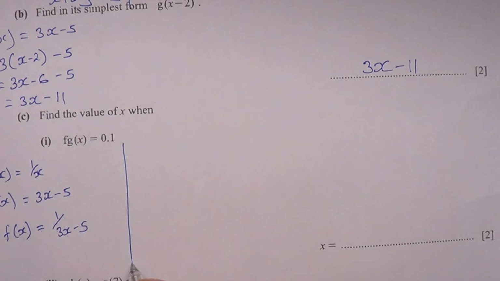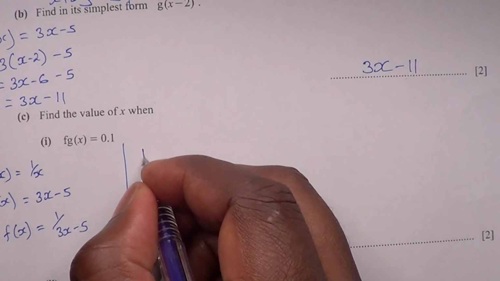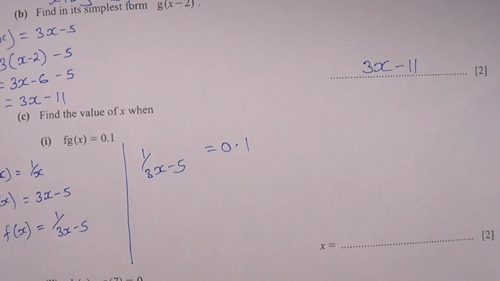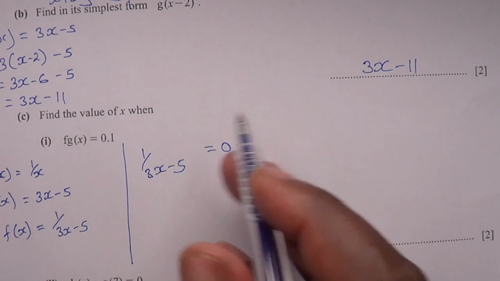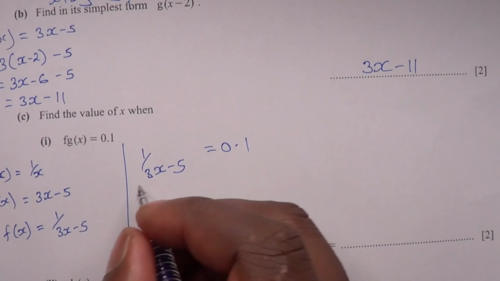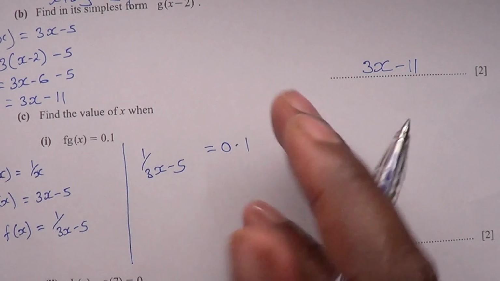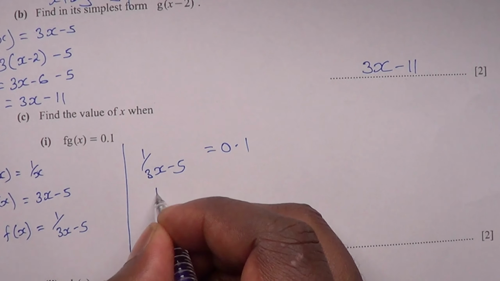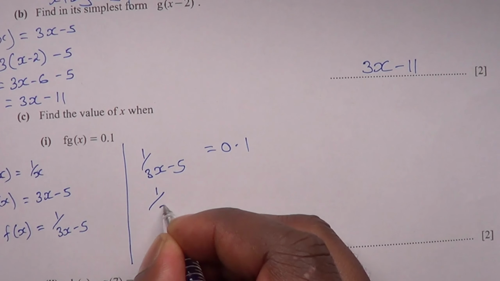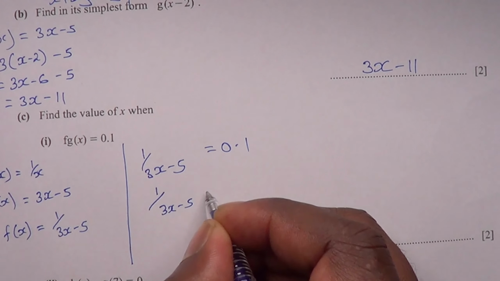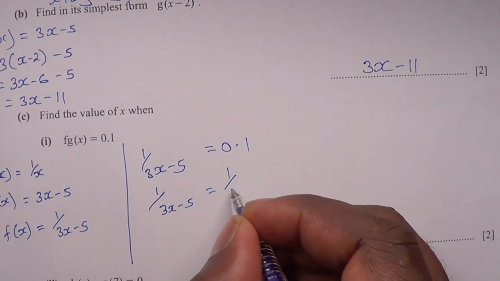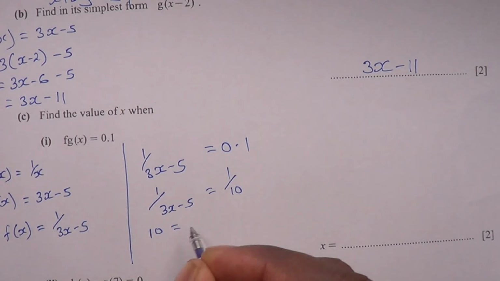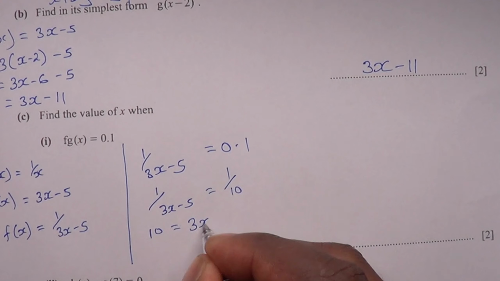It will be 1 over 3x minus 5 equals 0.1. I can write this as 1 over 3x minus 5 equals 1 over 10. So it's going to be 10 equals 3x minus 5.